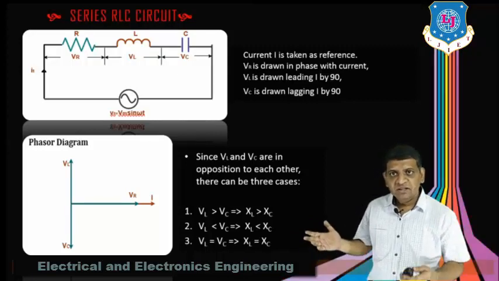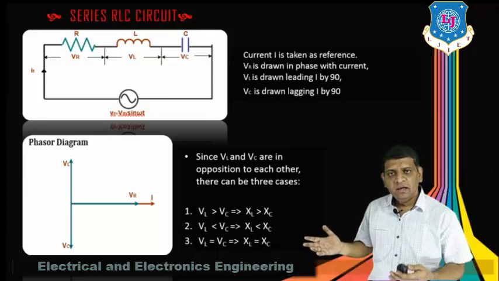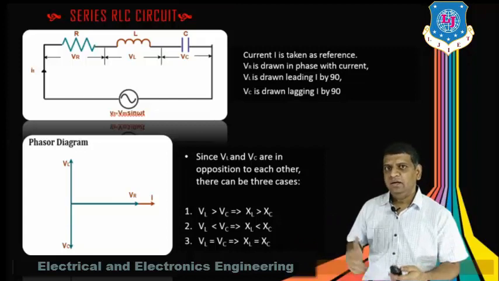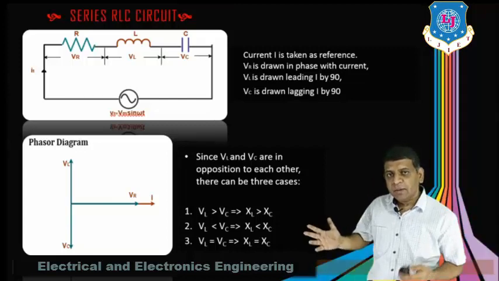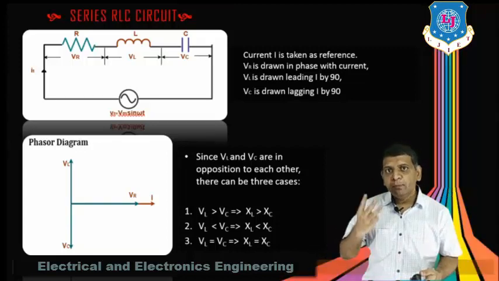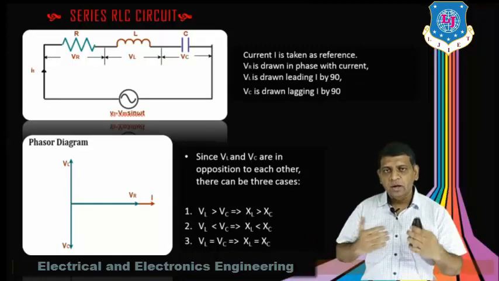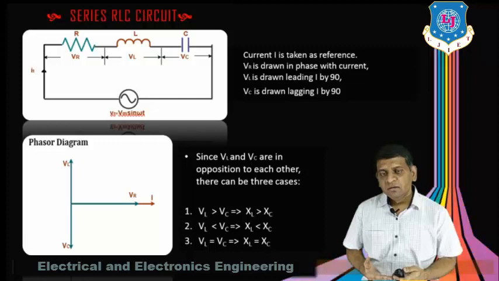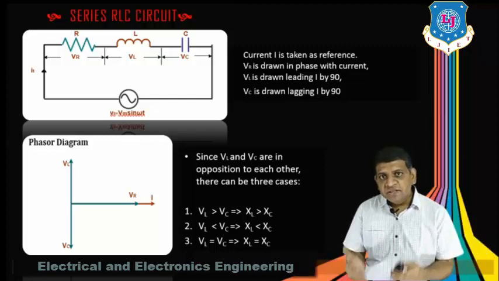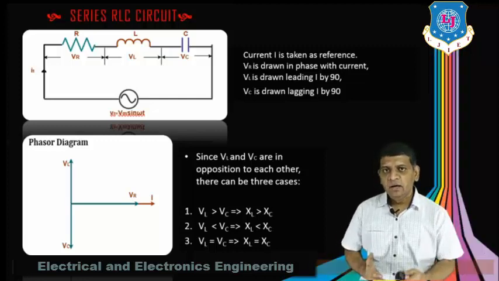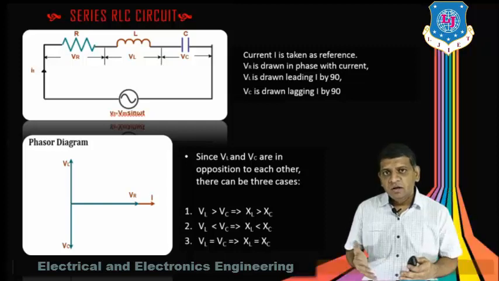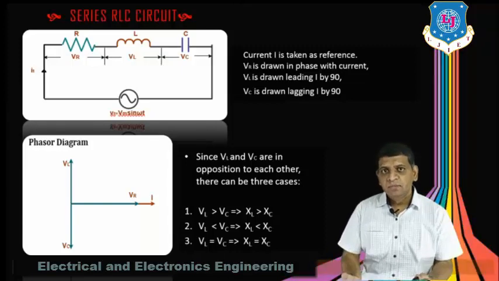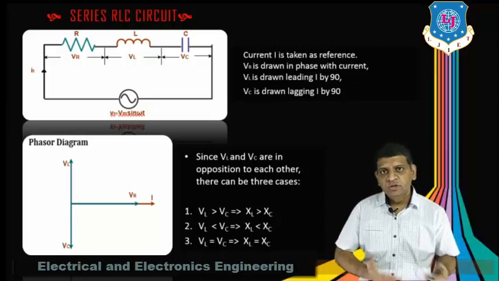VL is drawn leading by angle 90 and VC is drawn lagging by angle 90. From this phasor diagram I can conclude three important conditions. Condition number 1 is VL is greater than VC. Condition number 2 is VC is greater than VL, and the third condition is that VL and VC are both the same. So condition number 3 is VL is equal to VC, right?